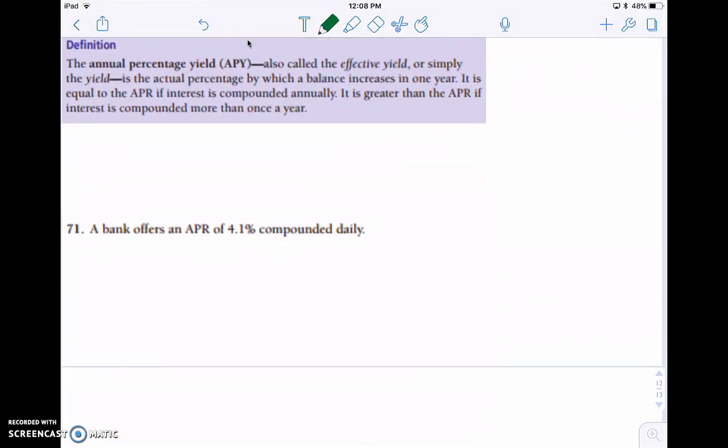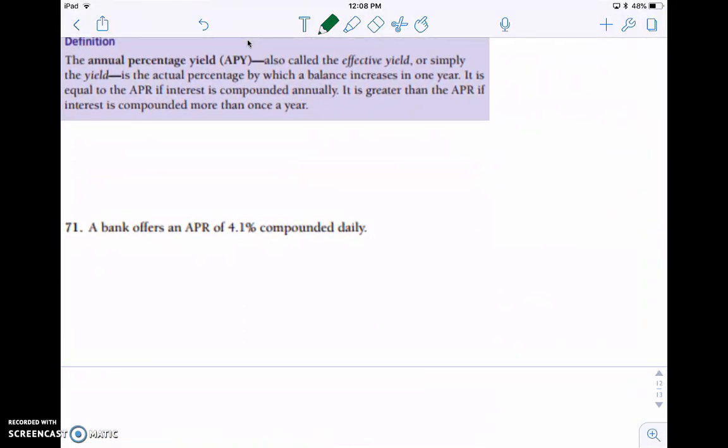So the next thing we're going to look at to end here is what we call the annual percentage yield, or APY. Sometimes you'll see this called the effective yield, or sometimes just the yield. Okay, and this is the actual percentage by which the balance increases in 1 year. So if you are compounding annually, then it is just your APR.